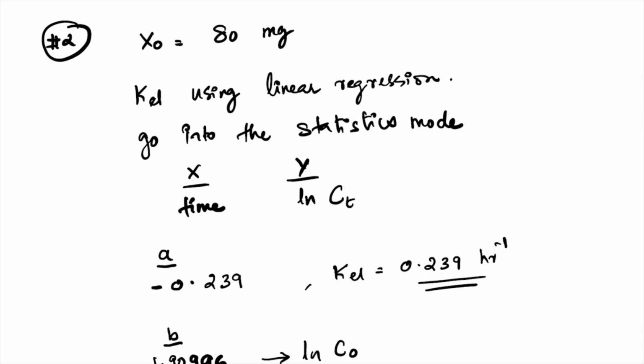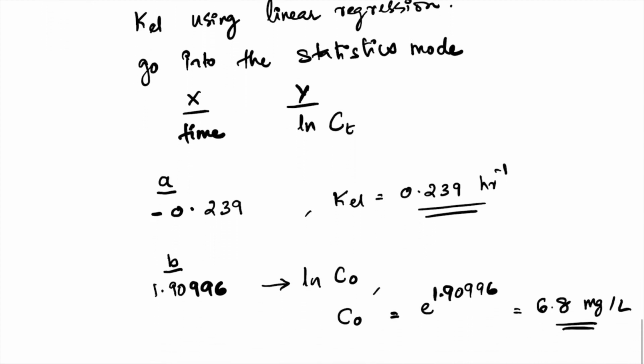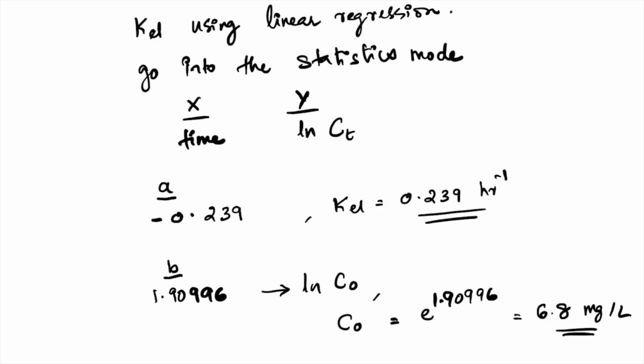In order to calculate C0, we need to do e raised to 1.90996. If you round it to 1 decimal place, the number is 6.8 milligrams per liter, which is the unit that we used. And so that's your KEL, and we calculated the C0 using linear regression in this manner.